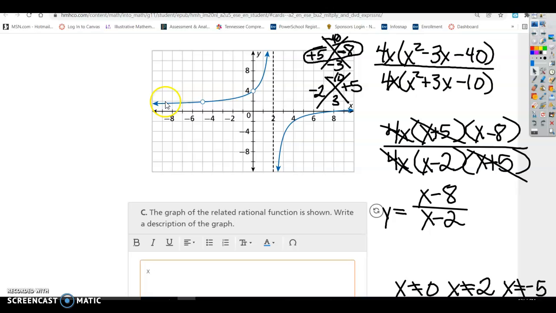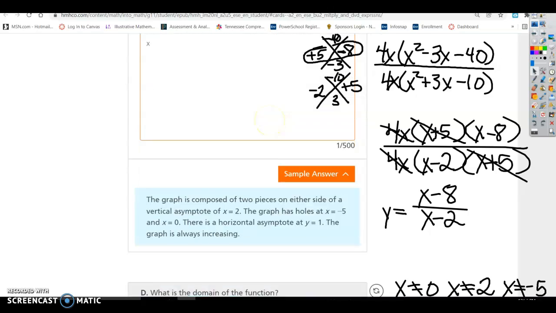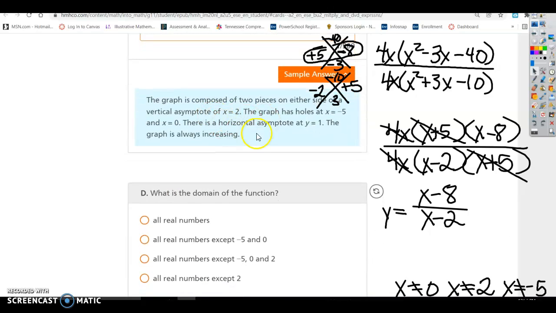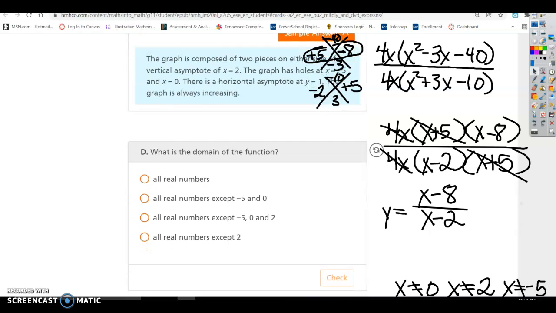All right, if there's a horizontal asymptote at y equals 1, then they've graphed this a little bit wrong. That should not pass. Oh, well, yeah, it would, because it has a hole there. So, yes. Okay, so there is a horizontal asymptote also at y equals 1, and the graph is always increasing.